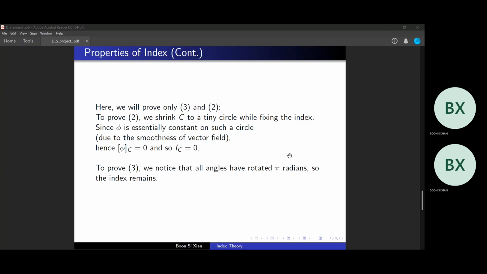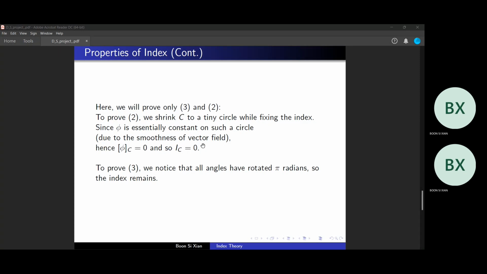By part 1, the index will not change, and phi is essentially constant, because the bracket of phi is an integer multiple of 2 pi, and the vector field is smooth, so this integer-valued function needs to be continuous, which means it must be constant. So it does not change, and the index will be 0.